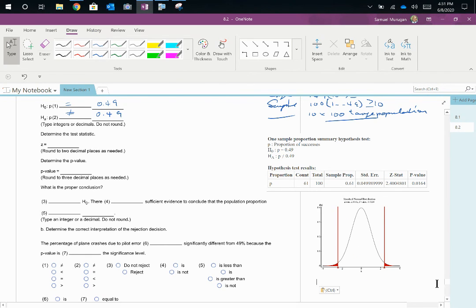All right. So the z-stat to 2 decimal places is 2.40. Okay, that number right there to 2 decimal places. And then the p-value to 3 decimal places is 0.016.